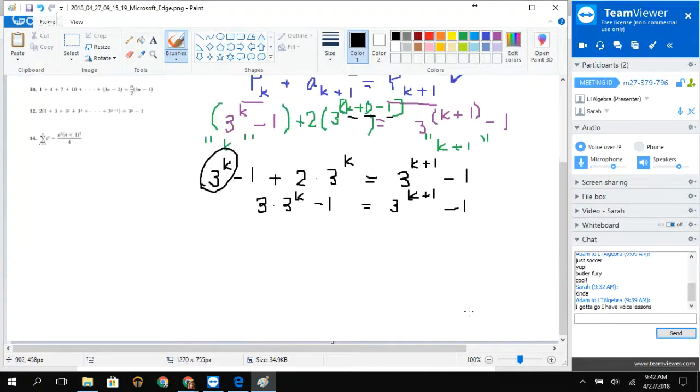And there are 2 ways that you could go about this. 3 times 3 to the k is the same as 3 to the first times 3 to the k power, and if you remember your laws of exponents, you can just add those together. So 3 to the k plus 1 minus 1. So we've proved that it's true.